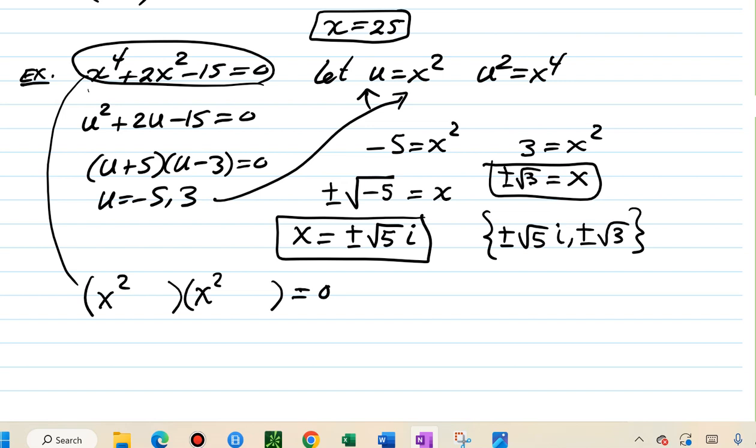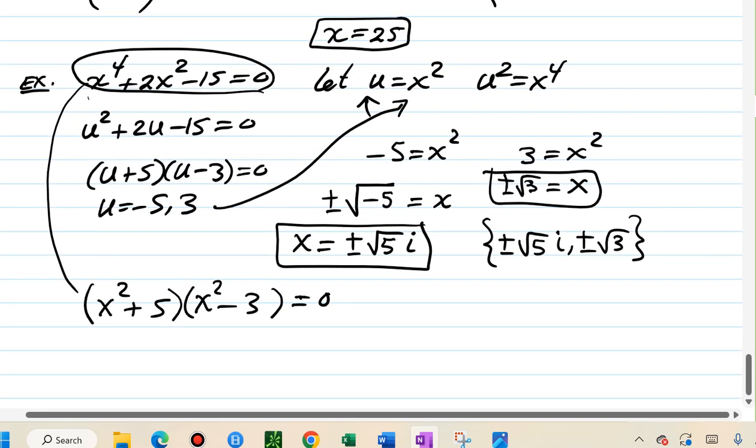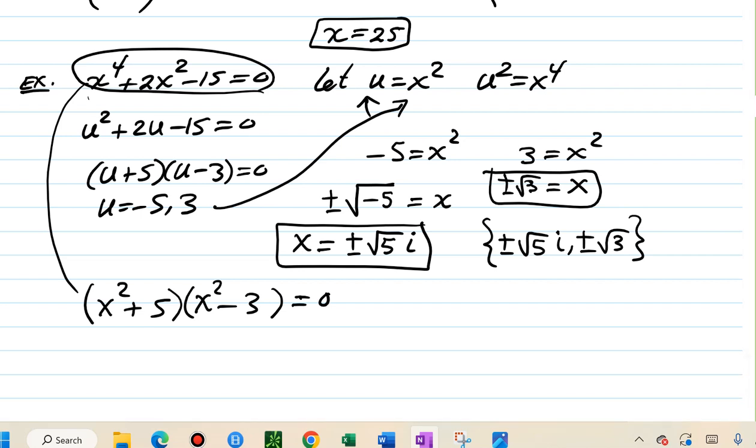So x squared, that's x to the 4th. 2 numbers multiplied to negative 15. And the OI combination is 2x squared there. So you can just factor it from the beginning, by the way. That u substitution is optional. It helps a lot of students just to delineate and make it easier. But we don't have to do that. So in this case, there you go.